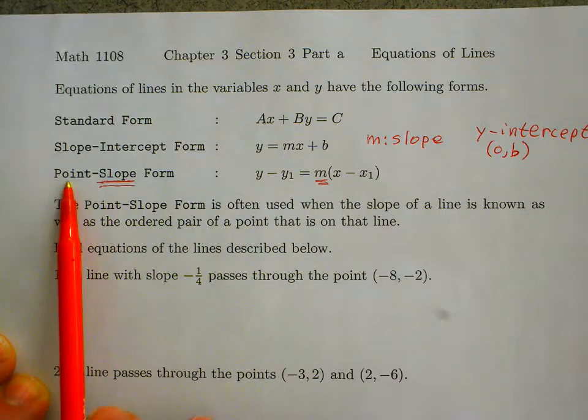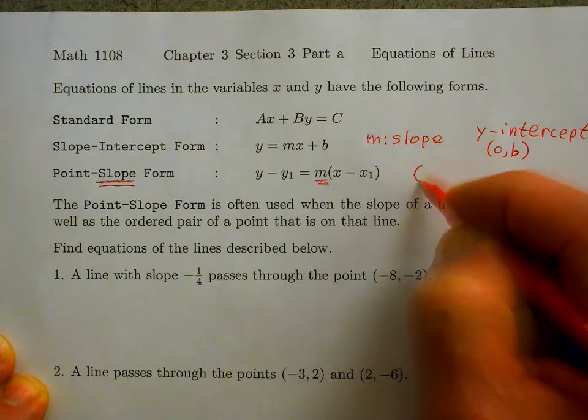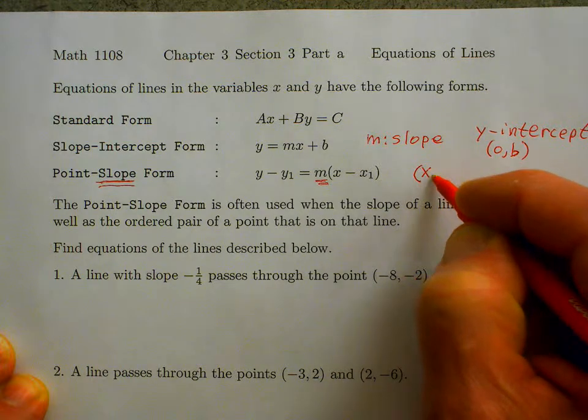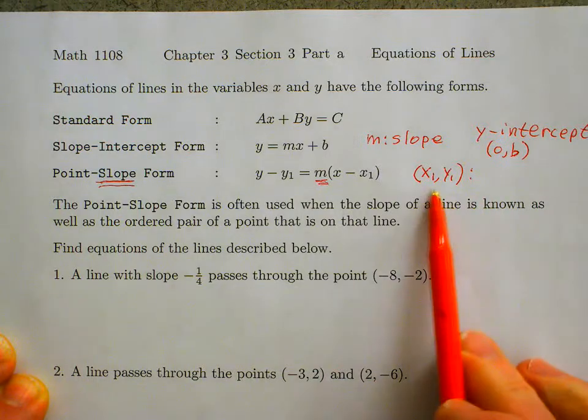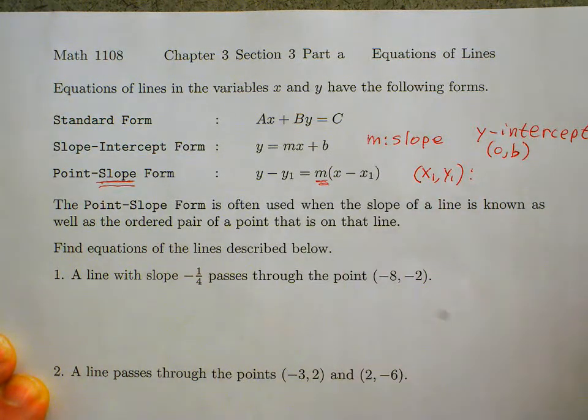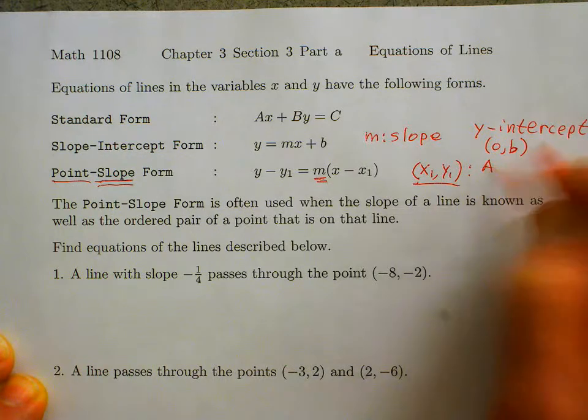And the term point refers to the fact that the ordered pair x1, y1 is a point on the line.